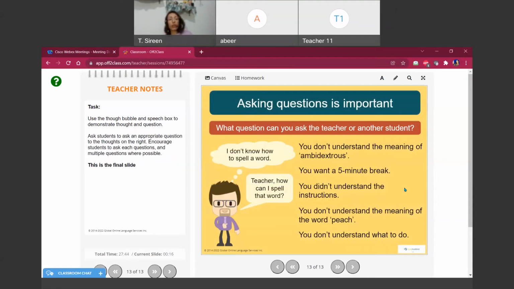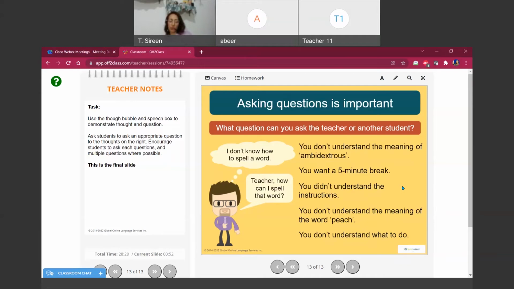Here we've got: you don't understand the meaning of ambidextrous, you want a 5-minute break, you didn't understand the instruction, you don't understand the meaning of the word peach, you don't understand what to do. How can we match these? What questions can we ask?